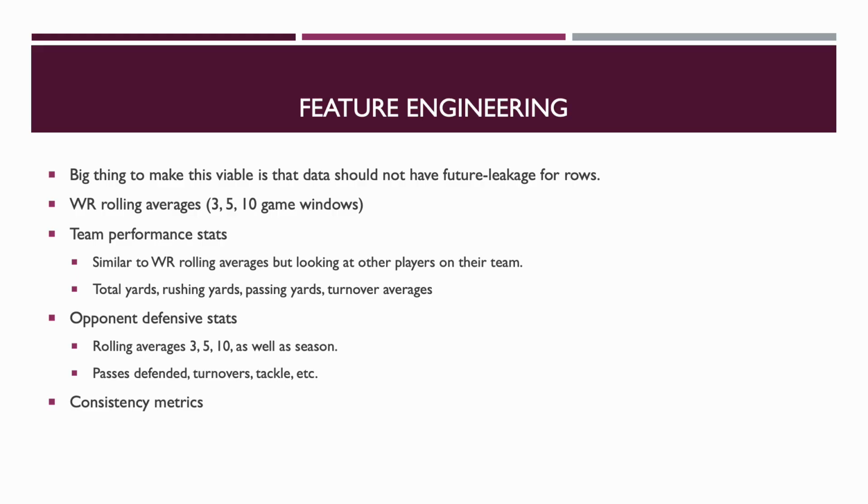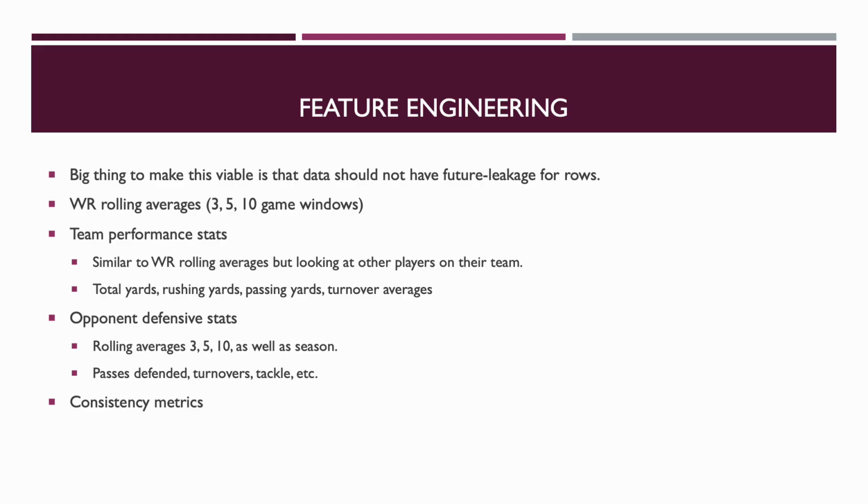Lastly, the big one I wanted to feature engineer was the opponent defensive stats. So for an upcoming game, depending on which team they were playing, I wanted to grab that opponent and look at that opponent's rolling average stats over the 3, 5, and 10 game interval as well.